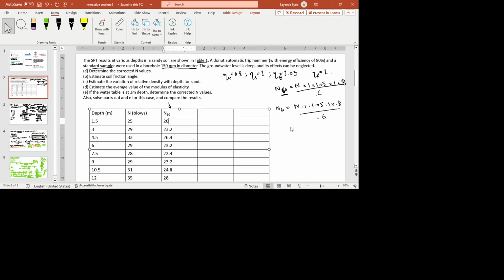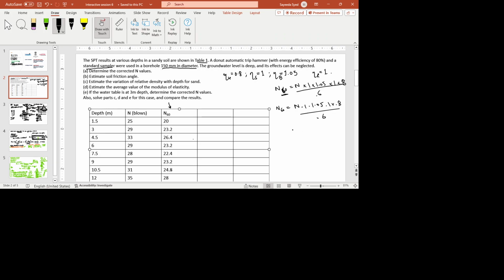Actually, our N60 will be a factor multiplied by N, into 1.05 into 0.8 by 0.6, and N60 will be 1.4 times N uncorrected.